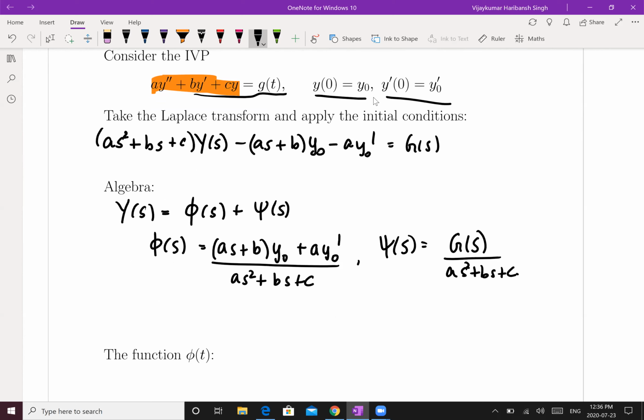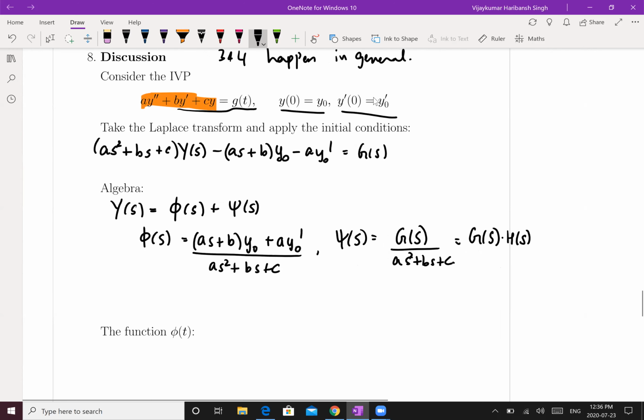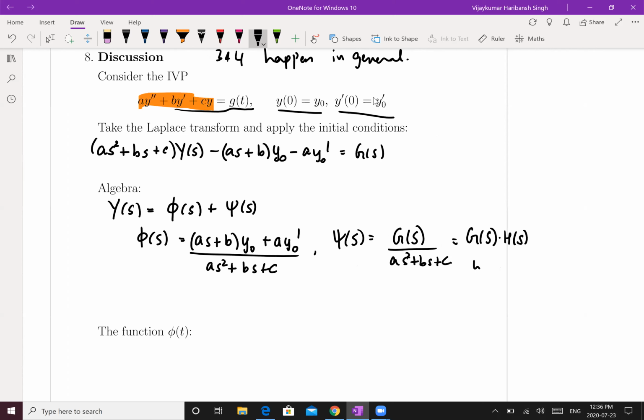And this can be seen as G of s times H of s, where H of s equals 1 upon a s squared plus b s plus c.